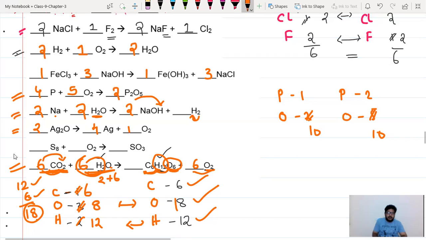If you check this, S8, 1 S8 plus 12 O2 gives rise to 8 SO3. These are answers. I'll give a few more examples such that you can go with answers.